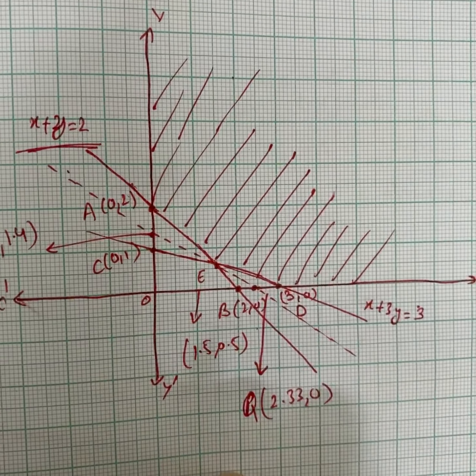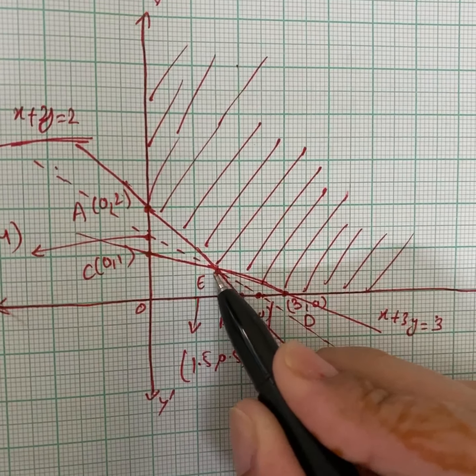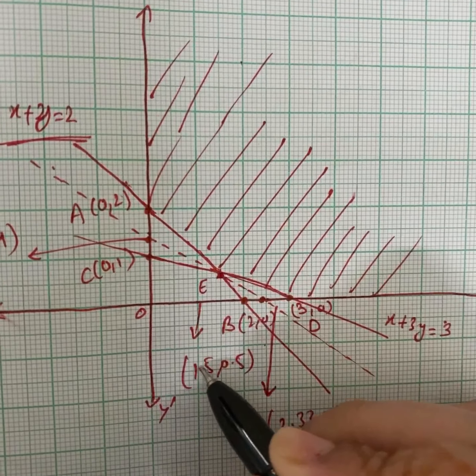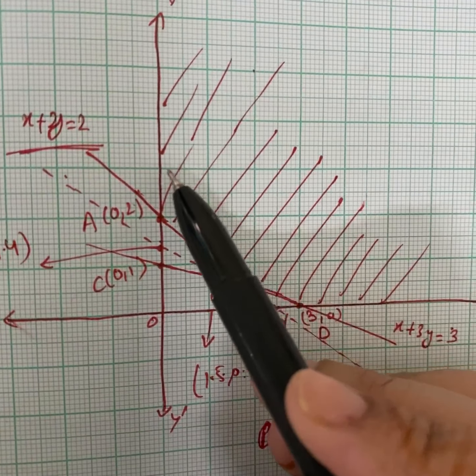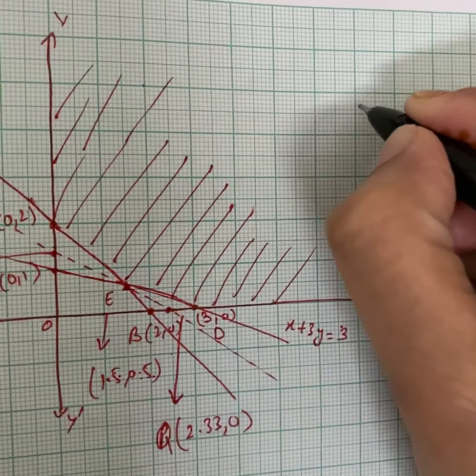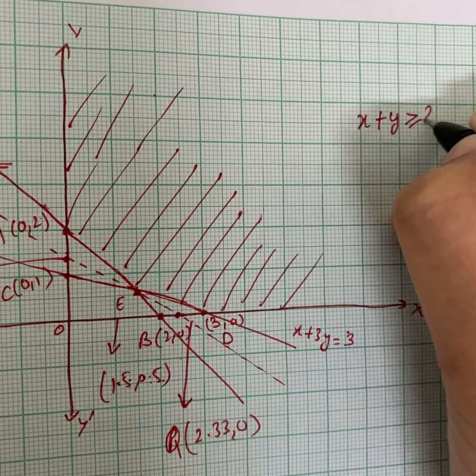Okay. Now see, these two lines are intersecting here. This intersecting point is (1.5, 0.5). And now according to the inequalities, the first inequality is saying x plus y is greater than or equal to 2.